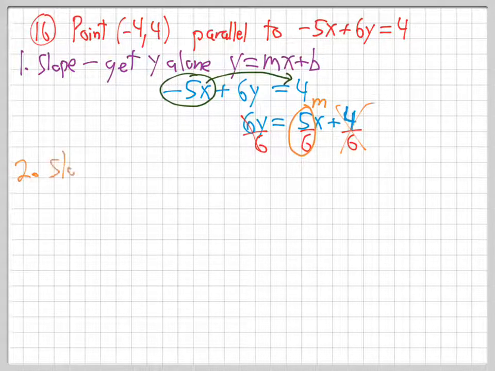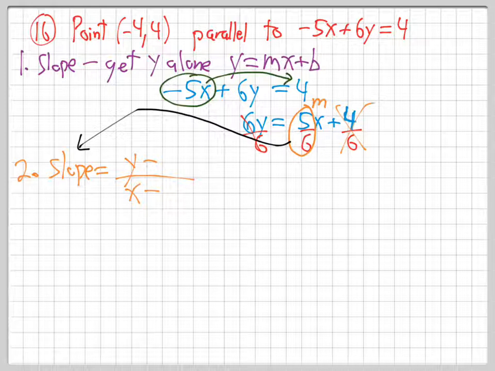I go on to step 2 and write slope equals y minus blank over x minus blank, and plug the 5 sixths in back there. So step 1 is all about getting the slope, by getting y alone in that other equation. The slope is next to x when you get y alone. So put the slope over here, and then you know what to do, right?